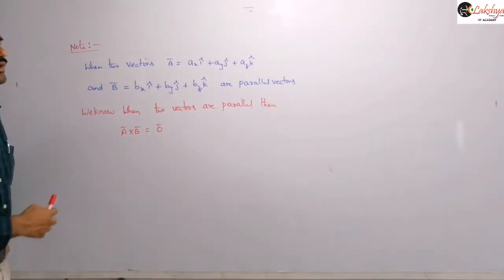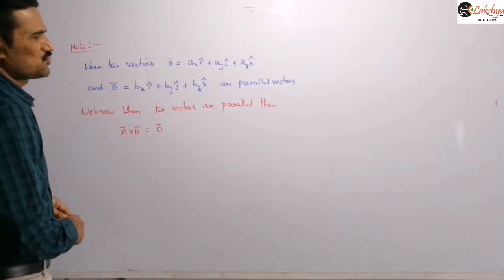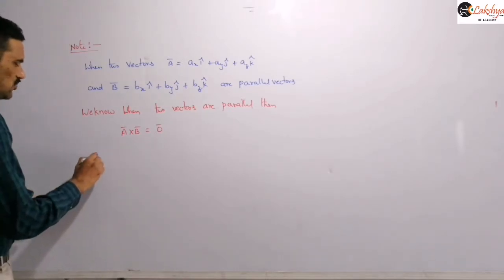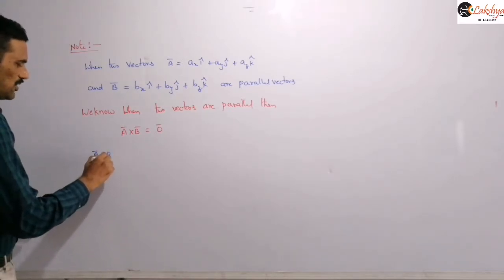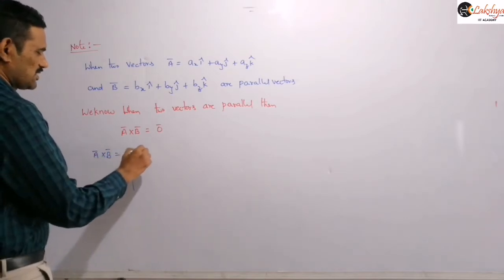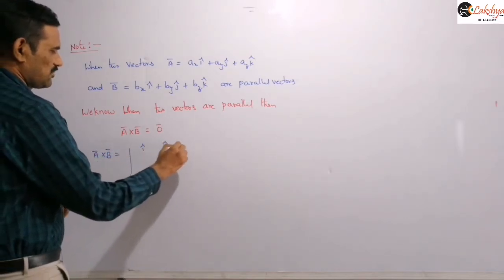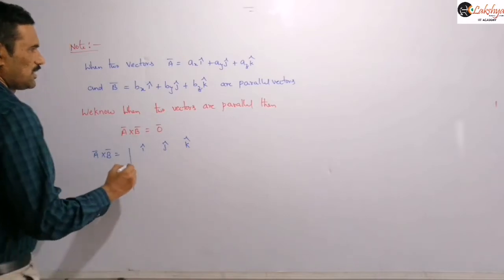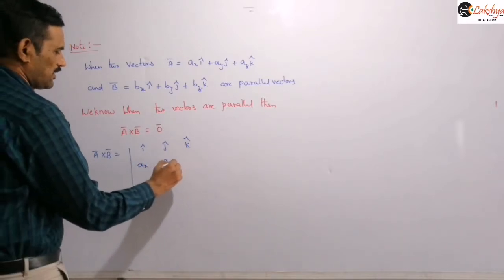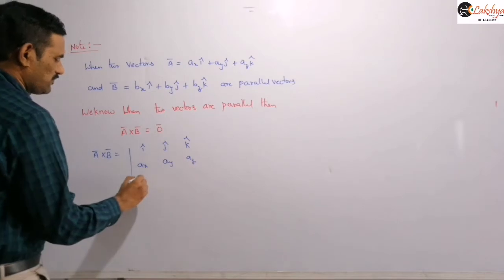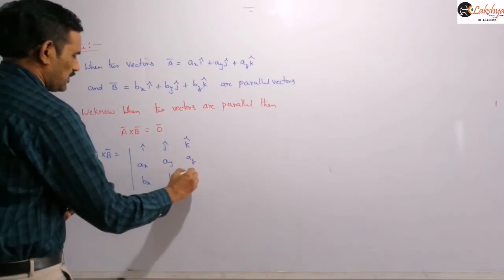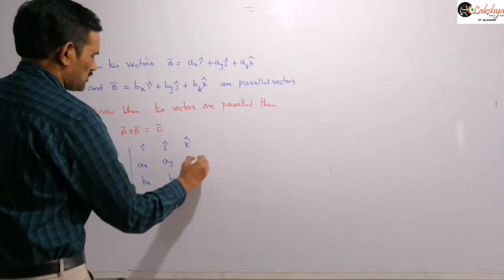Now we can find the cross product of these two vectors and equate it to 0. So I am finding A bar cross B bar. You can write this as our general procedure: i cap, j cap and k cap, then A bar is nothing but Ax, Ay and Az, and this is Bx, By and Bz, right?